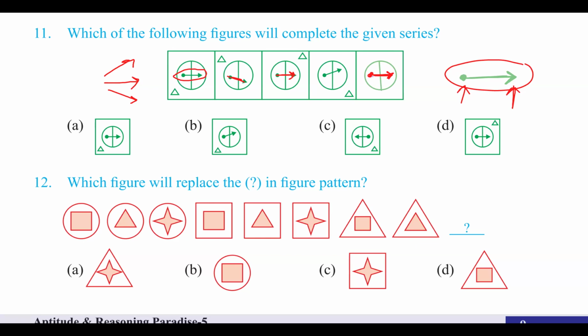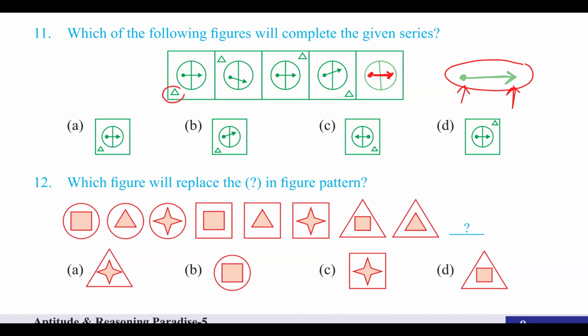Now, there is also a small triangle included in this. Can you see at the corners there is a small triangle, and this triangle is also changing its position in a particular pattern.